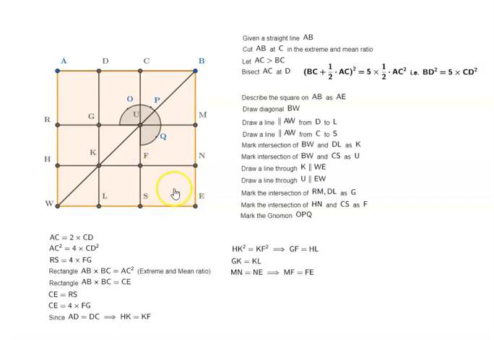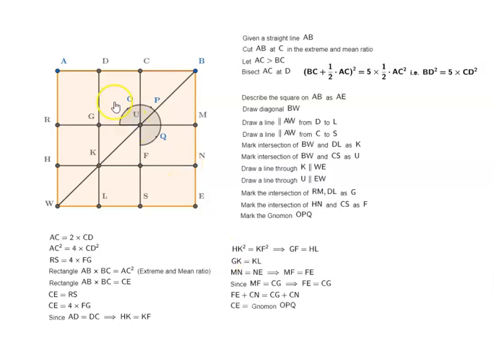Parallelograms between the same parallel lines and equal bases are equal to each other. Since MF is equal to CG, that means FE is also equal to CG. Now let's add CN to both the sides. So we have FE plus CN is equal to CG plus CN.